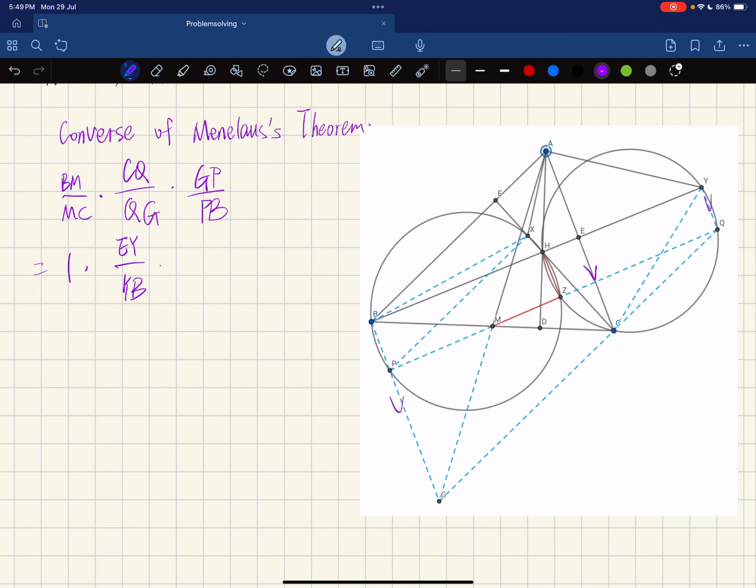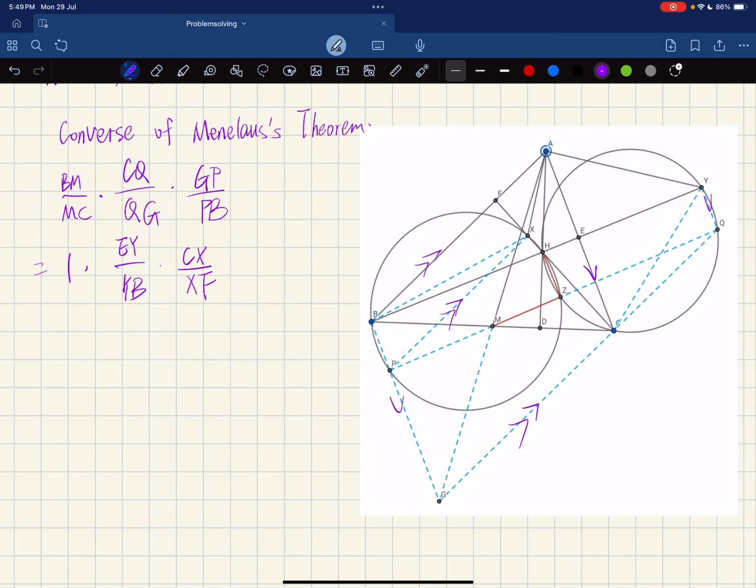And in the same way, GP over PB, because of these 3 parallel lines here and here, equals CX over XF. Oh no, I wrote it wrong. It is FX over XC.